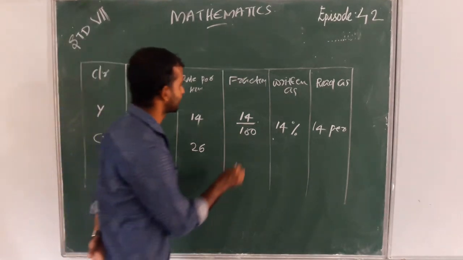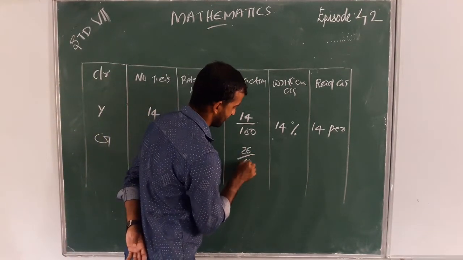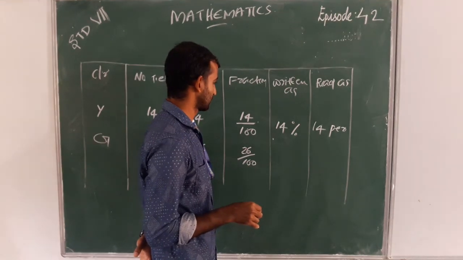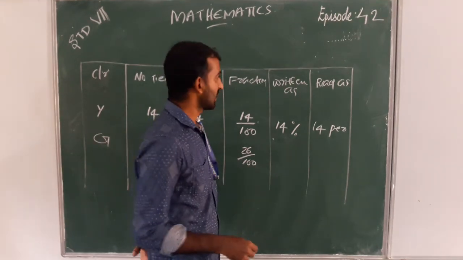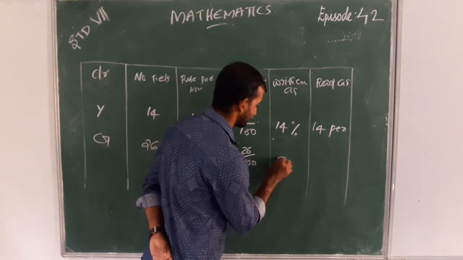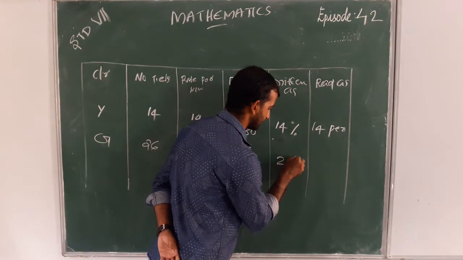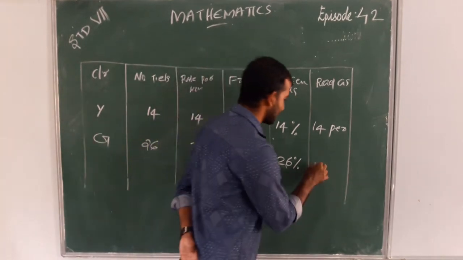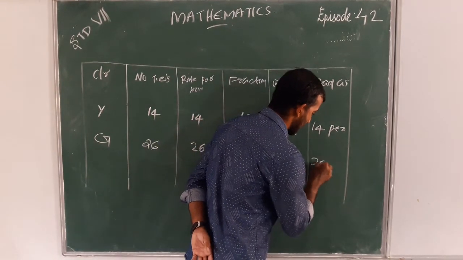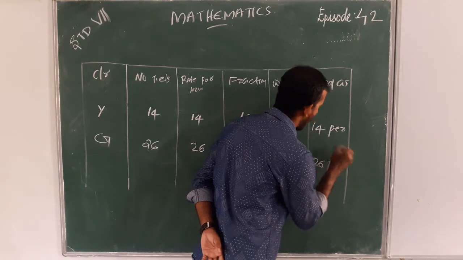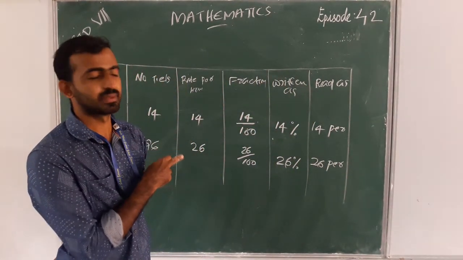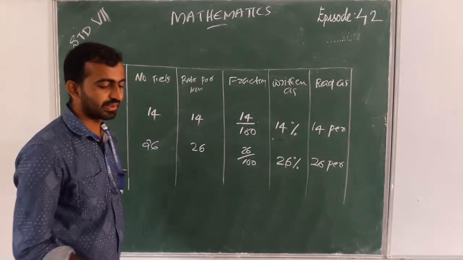That is 26 by 100, written as 26%, read as 26%.